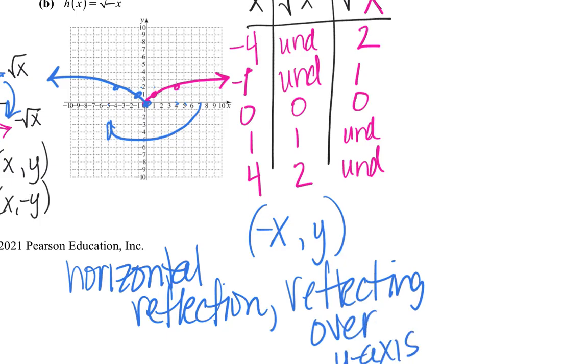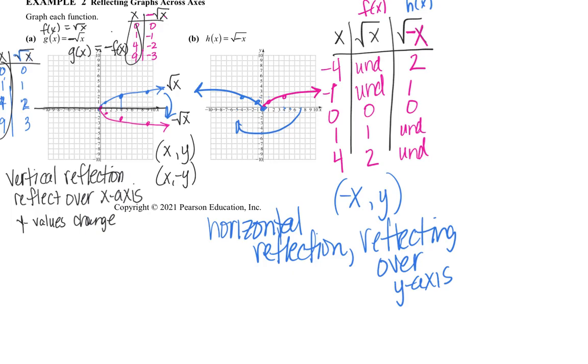And when you reflect over the x-axis, the y values change. And when you reflect over the y-axis, the x values change. So if you can remember those rules, it'll help you when you are graphing other graphs that might not be as familiar.